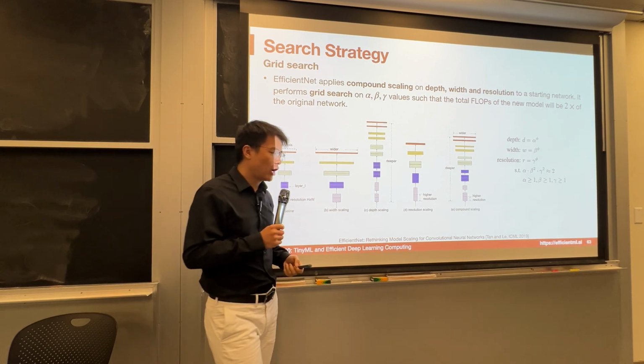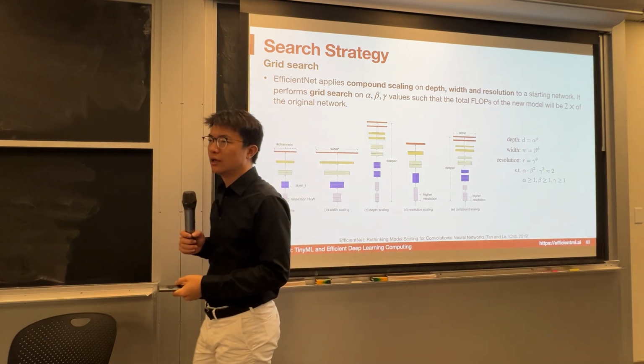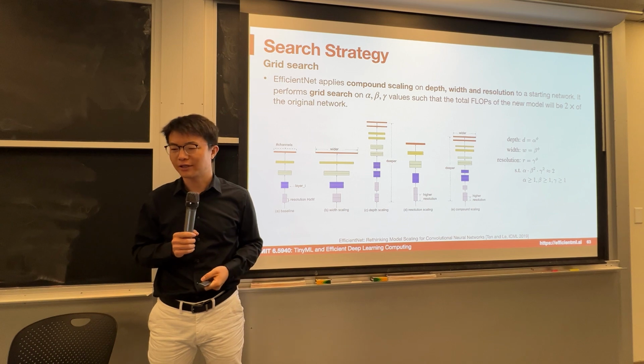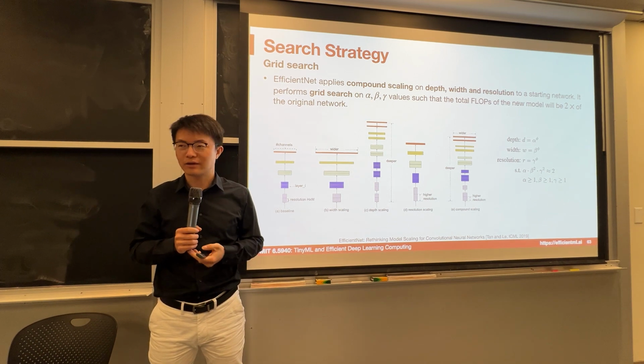And another scenario comes when you have already designed one model, say a model that has 10 million parameters and gives 80% top-1 accuracy, but I want to design a larger model that gives a higher accuracy.